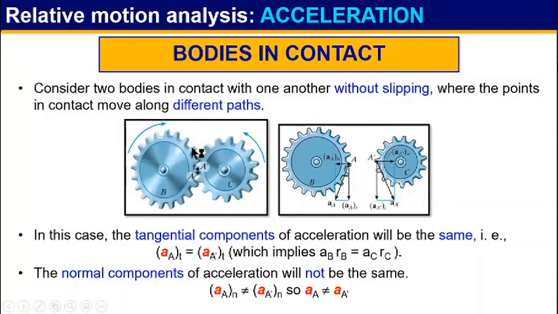So we have gear B moving in clockwise rotation, and then gear C moves in counterclockwise rotation.